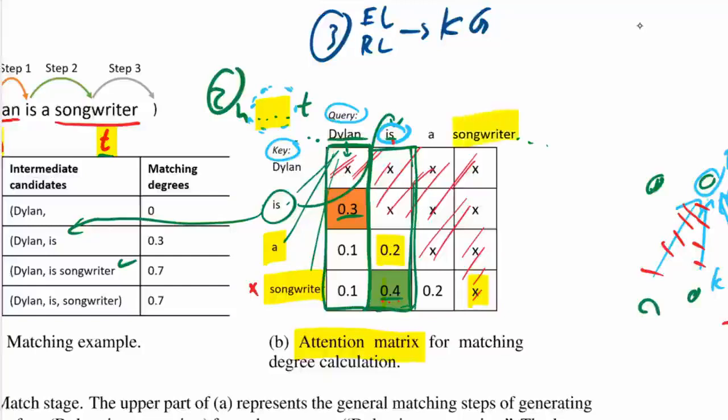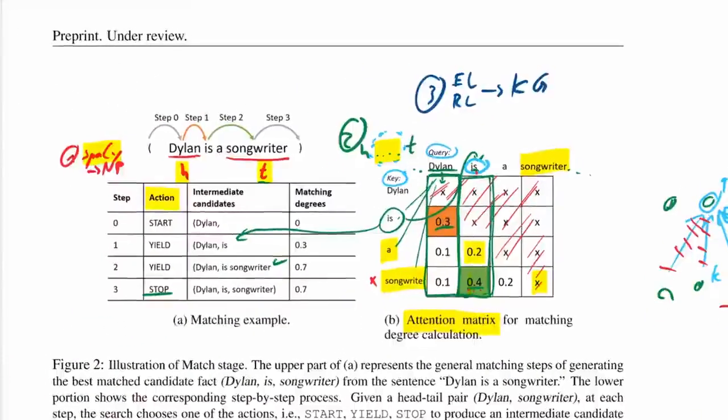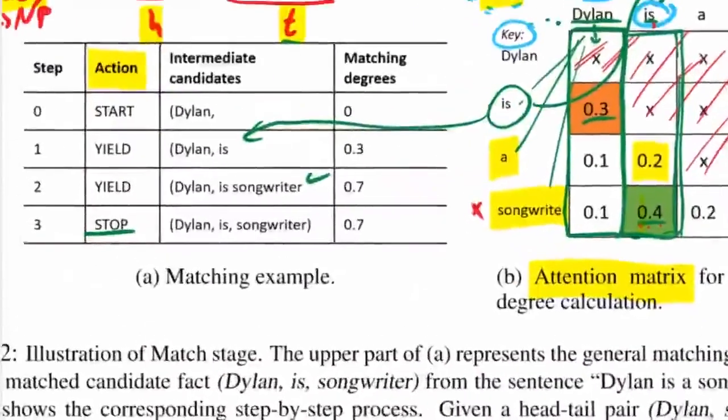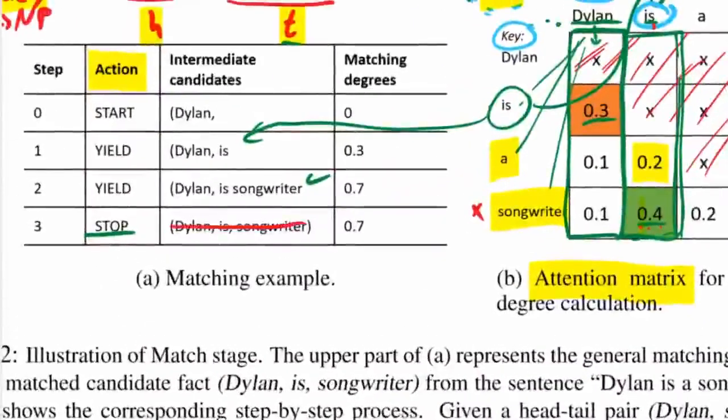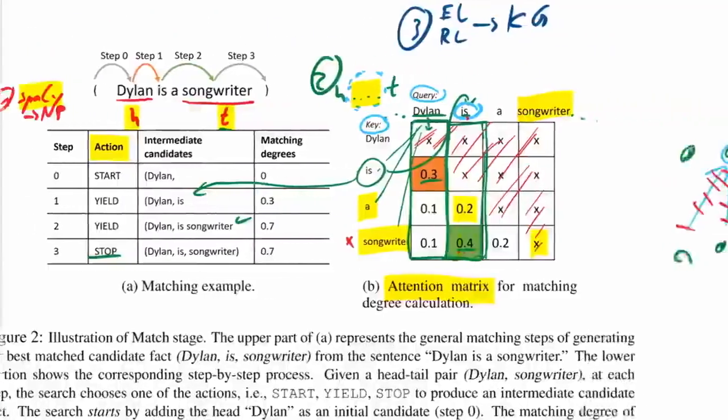Given that "songwriter" is kind of an object here, the word "is", being the verb, is probably quite important for it. And that's exactly why these triples always appear a bit like compressed sentences, which are very grammatically relevant.